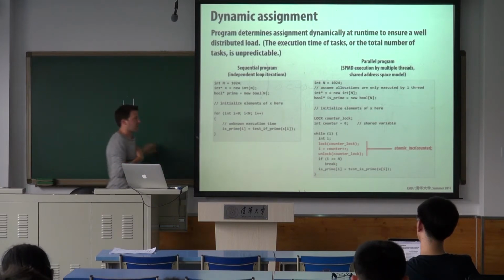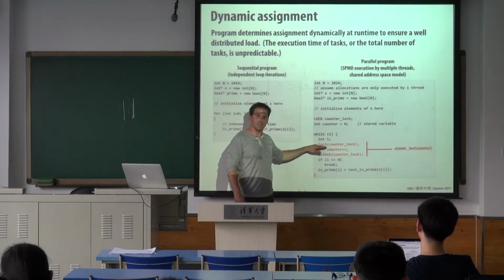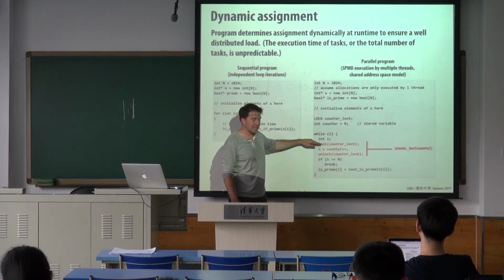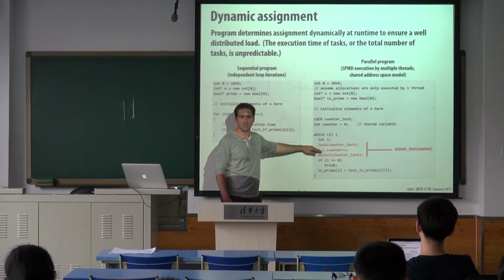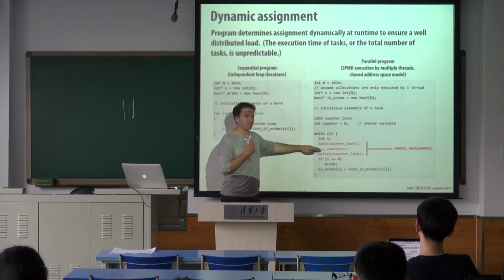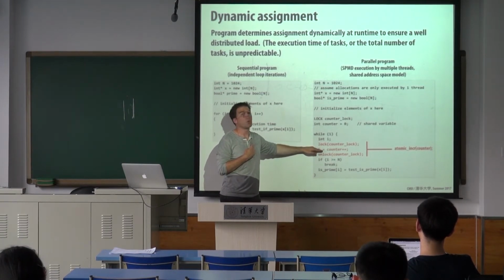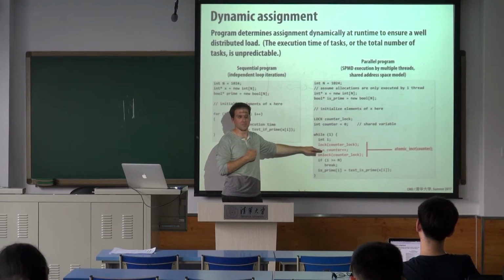Correct? So if the rule is that no thread can get past this command unless it has the lock, it means that if I as a thread am in between lock and unlock, I know that no other thread is in between lock and unlock as well.